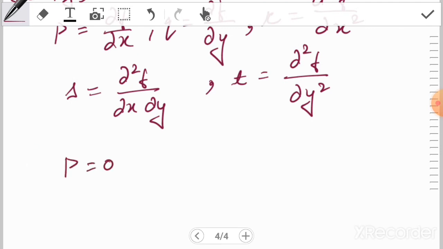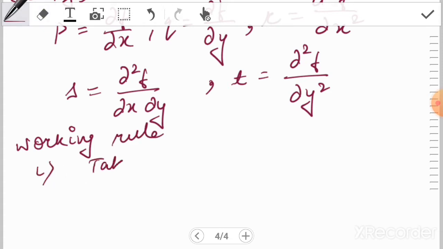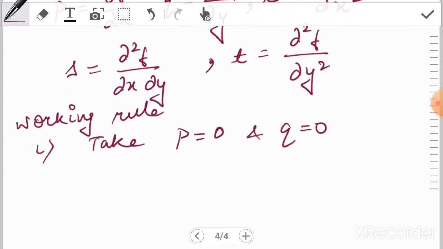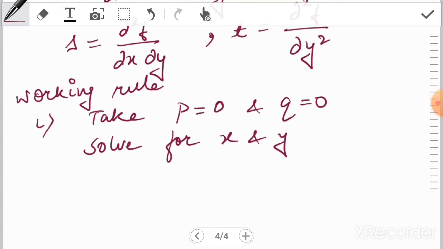So working rule. First take p is equal to 0 and q is equal to 0. Since p and q are functions in x and y, we have two equations in x and y. Solve the equations for x and y, and get the roots.